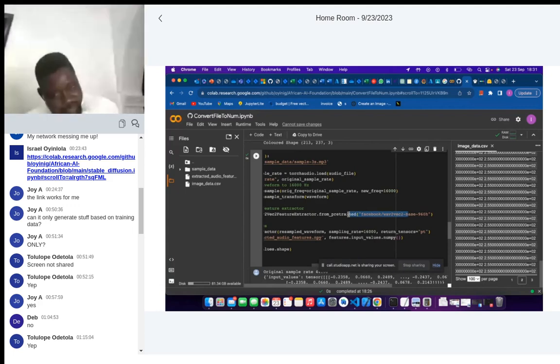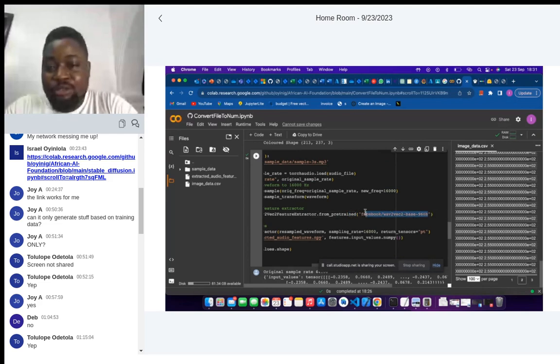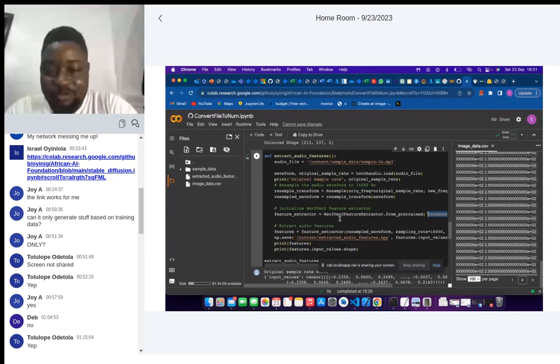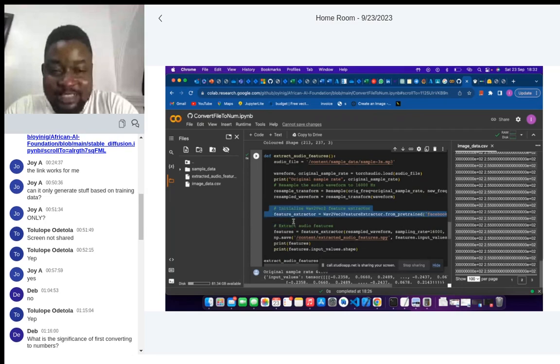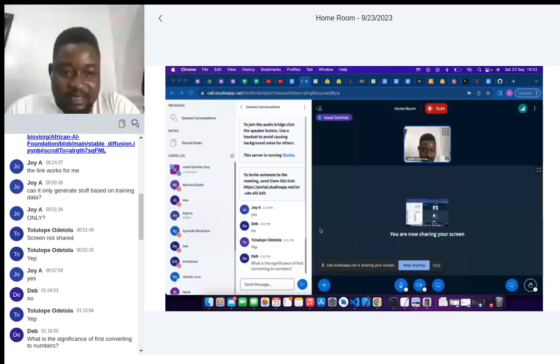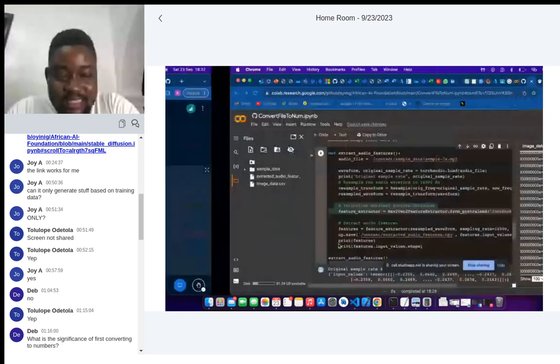You don't want to do the work that someone else has already done again. You want to go to application as fast as you can. That's why we leverage Facebook's model to convert audio to numbers, which is a whole lot of work. And this just gave us in one line of code, right? So who are we not to use it?